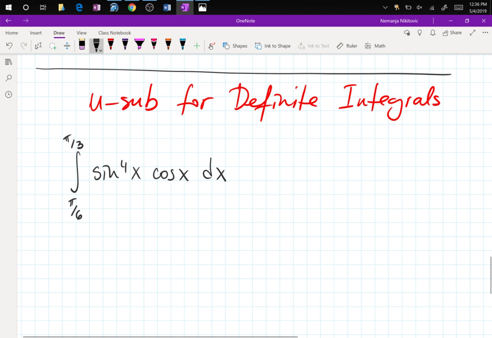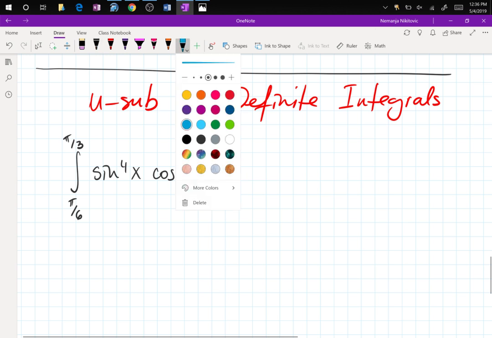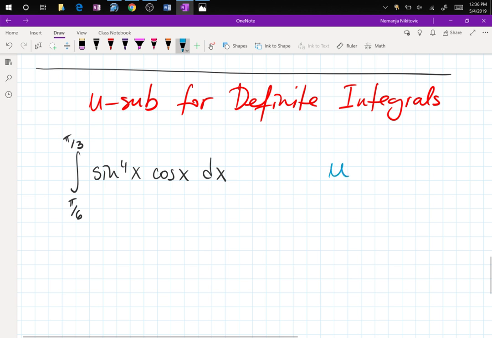We just need to change the lower limit and upper limit, and we are done. So what's my u? Cosine x. And what's my du? Negative sine x dx in that case.